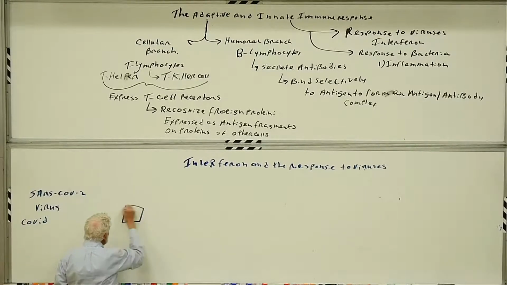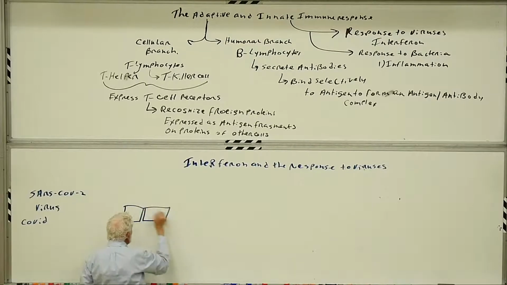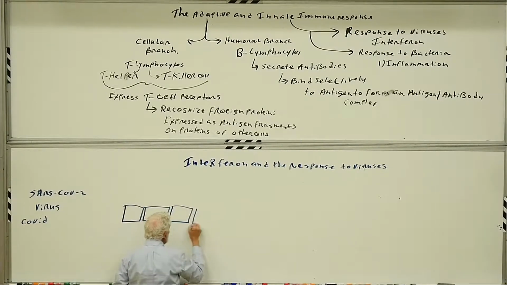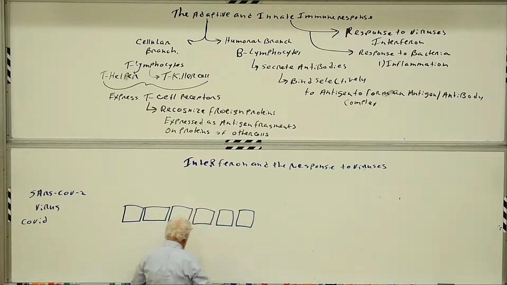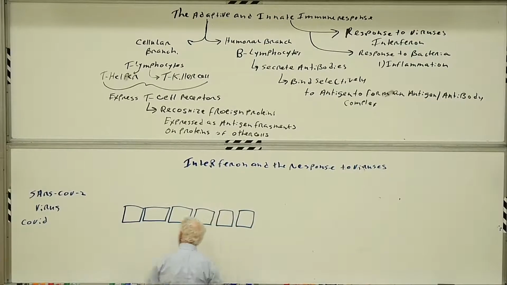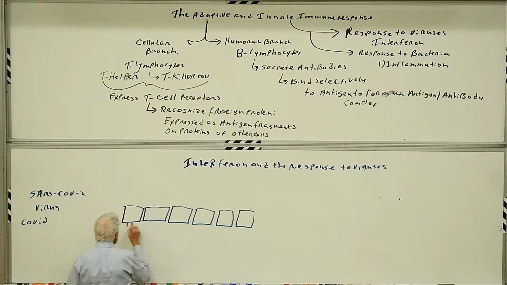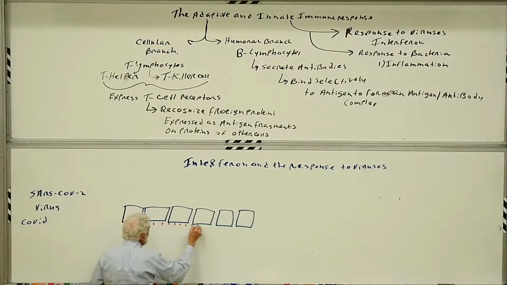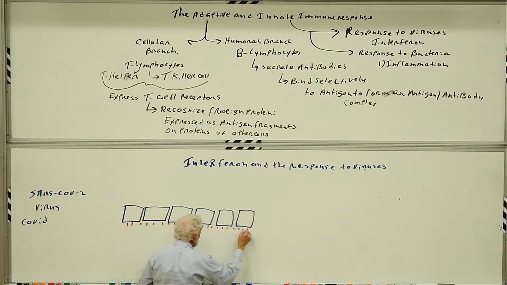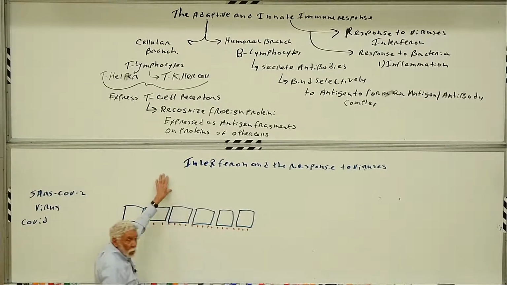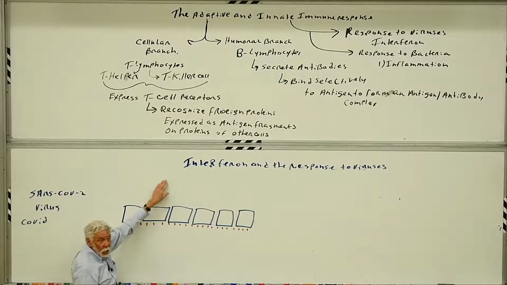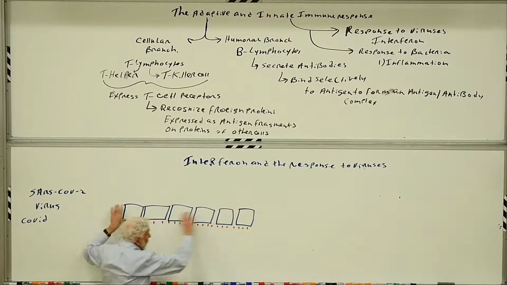We have this series of epithelial cells. As an epithelium, this sits on a basal lamina. So this is the outside world. This could be the opening of your pharynx, could be the opening of your nose, and these are the epithelial cells lining it.